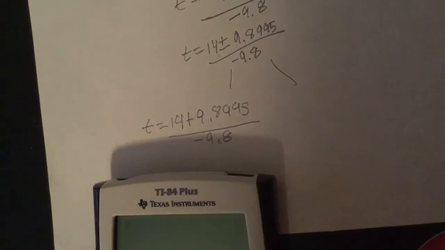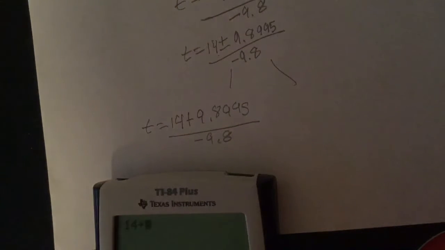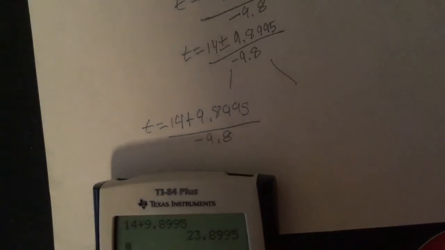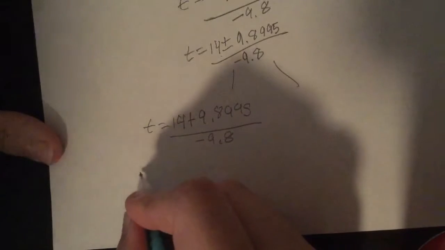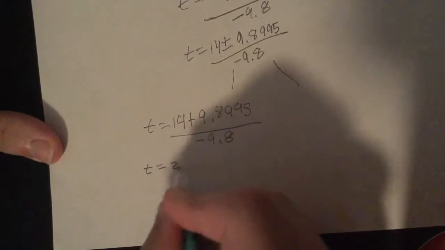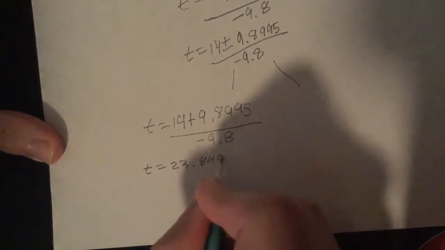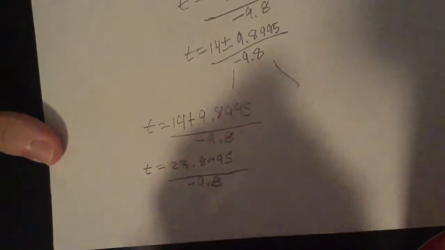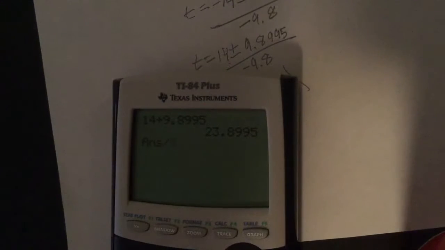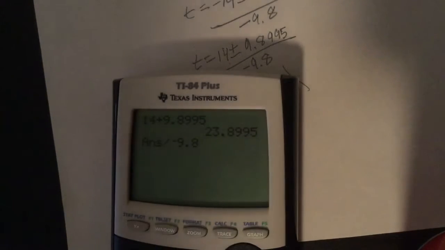If we do the simple math here, 14 plus 9.8995 gives us 23.8995. So t equals 23.8995 divided by negative 9.8.